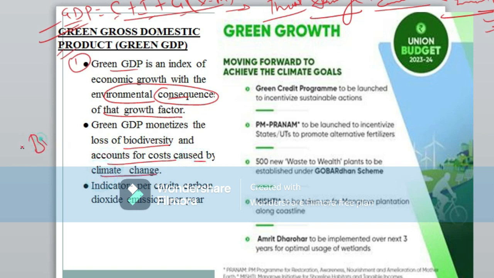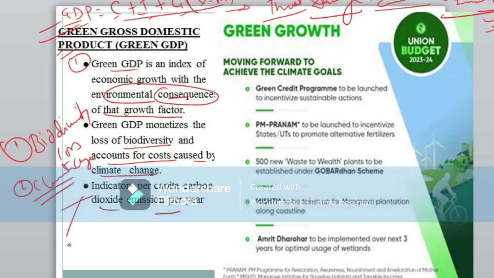You see, two factors: biodiversity loss and climate change. Remember these two factors. It indicates the per capita carbon dioxide emission per year, that means per person CO2 emission in a year.